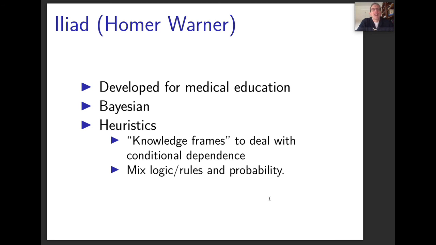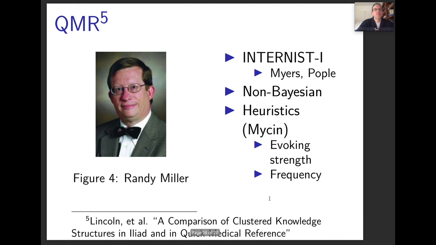And they came up with the concept of knowledge frames, and this was to explicitly deal with this conditional dependence issue that I mentioned previously. And within these knowledge frames, you would have a mix of logic, rules, and probability. And then the information from all the knowledge frames were integrated together in a Bayesian framework.